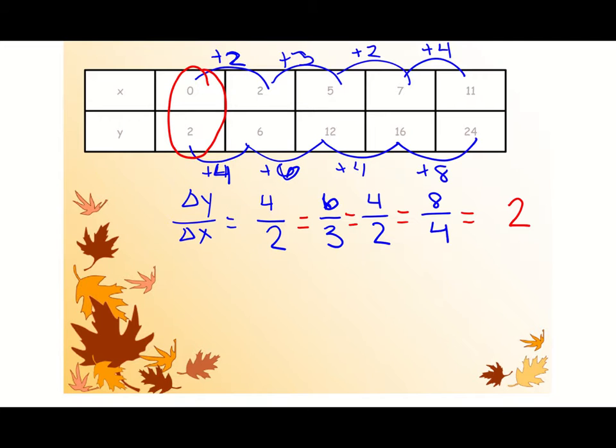I always get super excited when I see that my y-intercept's given to me, because that means I don't need to do any work. It's right there. So my y-intercept is at (0, 2), which means that my b is equal to 2. So when I write my equation, I'd have y equals 2x plus 2.